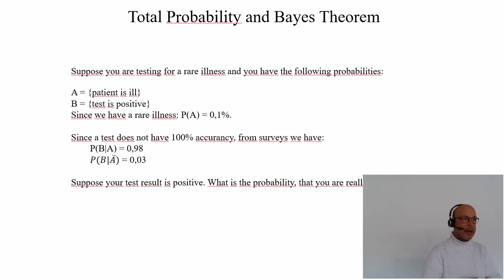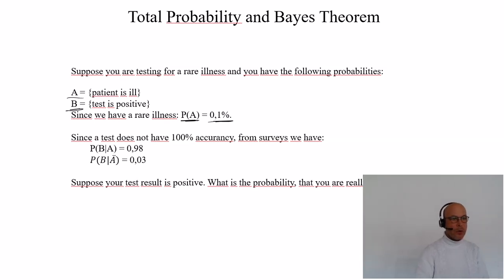So let's create such a situation. Event A is the patient is ill. Event B is we have tested and the test is positive. And here we assume we have a rare illness, so the probability of really being ill should be only 0.1%.